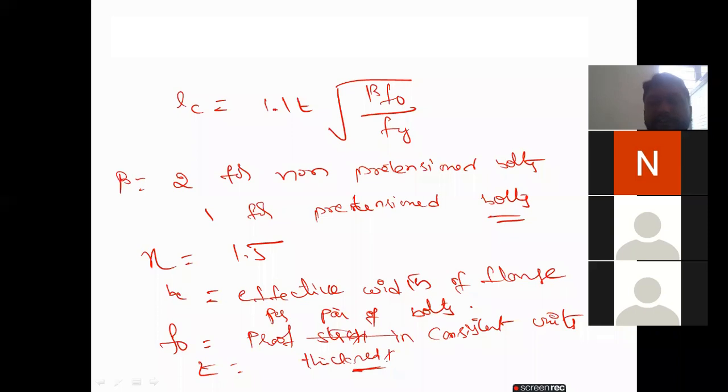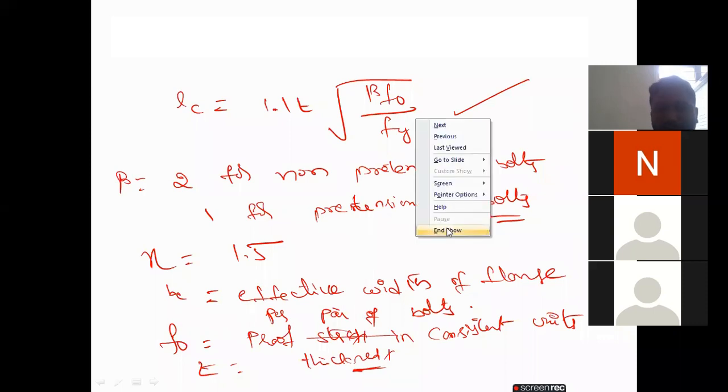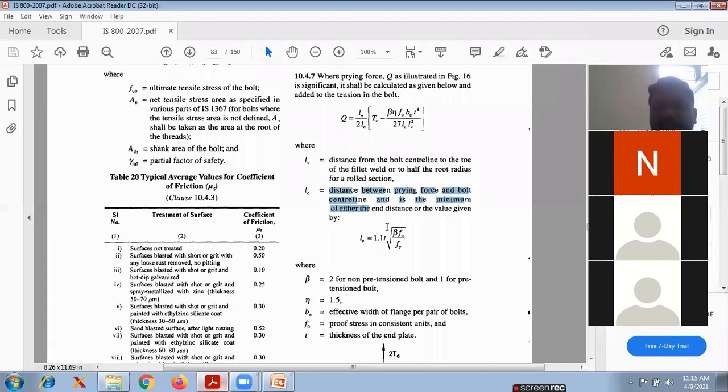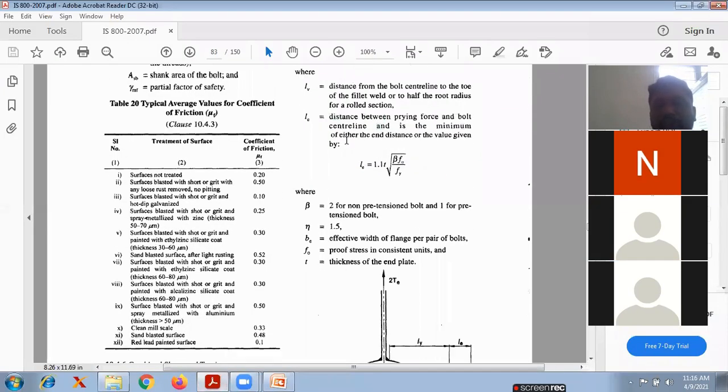So my dear students, while calculating the prying force, the LC formula is also available, that is 1.1 T square root of beta F naught by Fy. I will show the code book IS 800, page number 77. It is available here, please look into this formula.